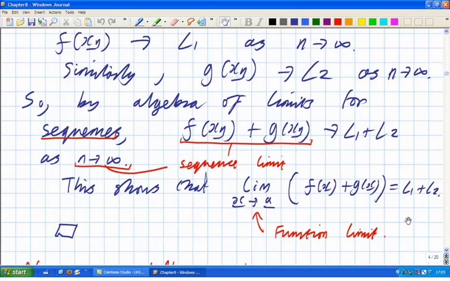And then you go through and you do exactly the same thing for f of x times g of x, and modulus of f of x, and constant times f of x, and f of x over g of x, as long as you're not dividing by 0. You just go through exactly the same routine, use the algebra of limits for sequence limits, and then you deduce the algebra of limits for function limits.